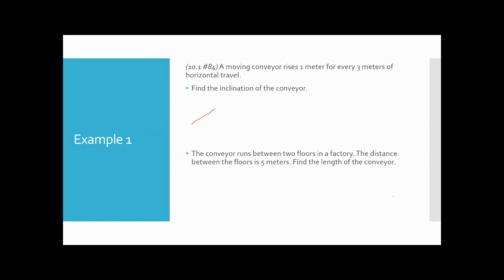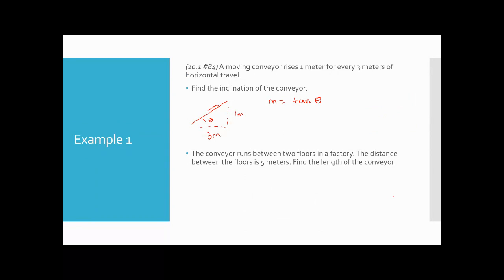Our conveyor belt is moving up, and it says that it's rising 1 meter for every 3 meters of horizontal distance. So this creates a triangle, and when we want the inclination, we want to know what this angle is. So we're going to use the fact that the slope is tangent theta.